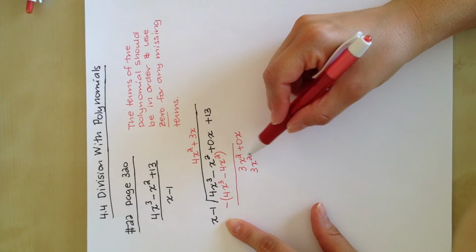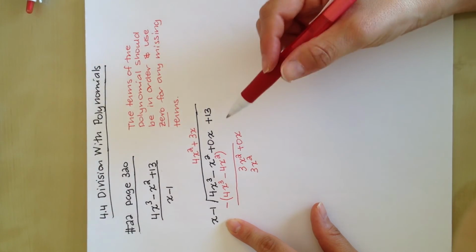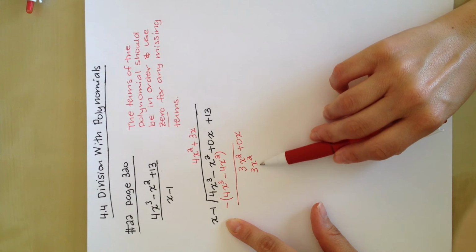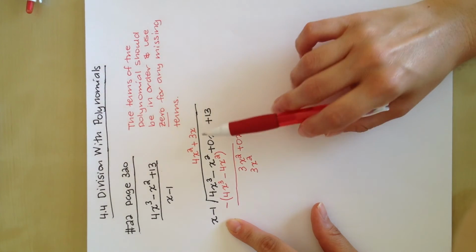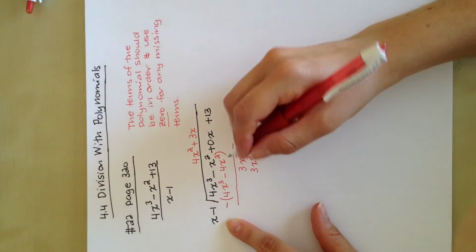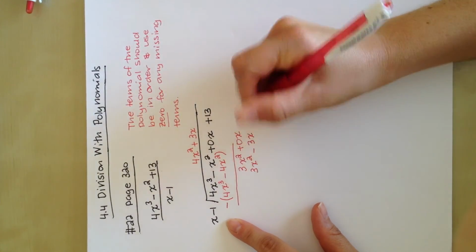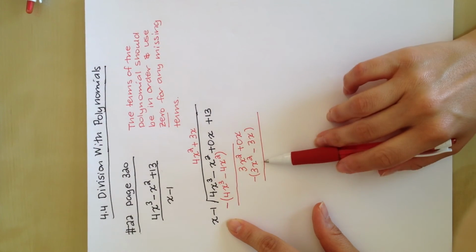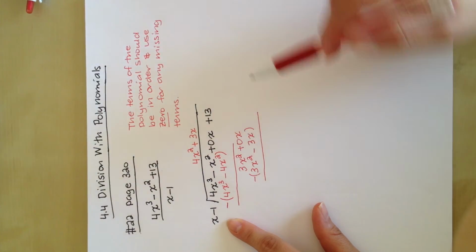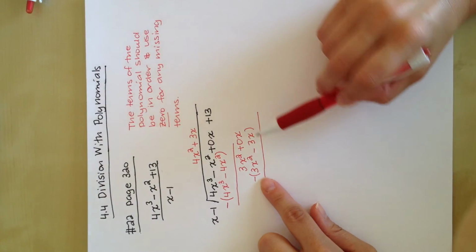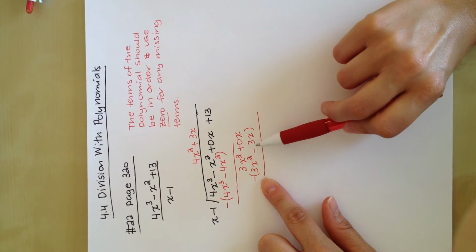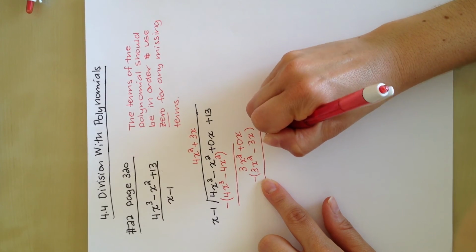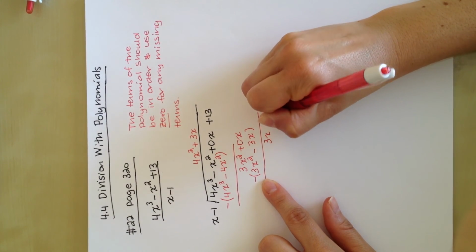These have to be exactly the same. If the 3 is positive, make sure your term down here is also positive. 3x times -1 is minus 3x. Subtract and distribute. Remember, the first term should be 0, which it is. Then we have 0x plus negative distributes, plus 3x. We just get 3x. Bring down the plus 13.